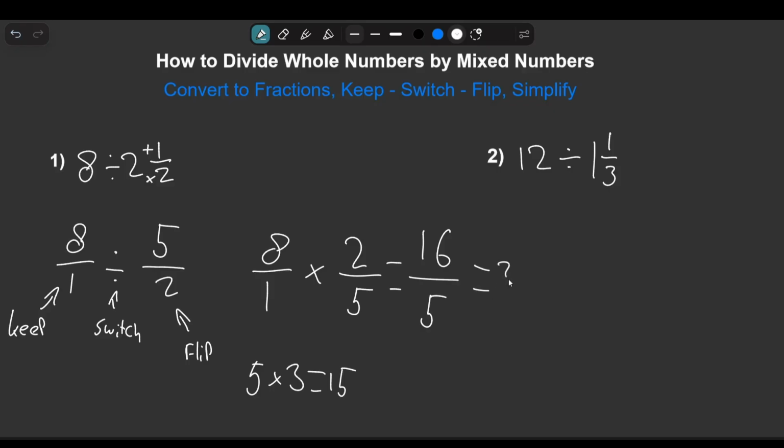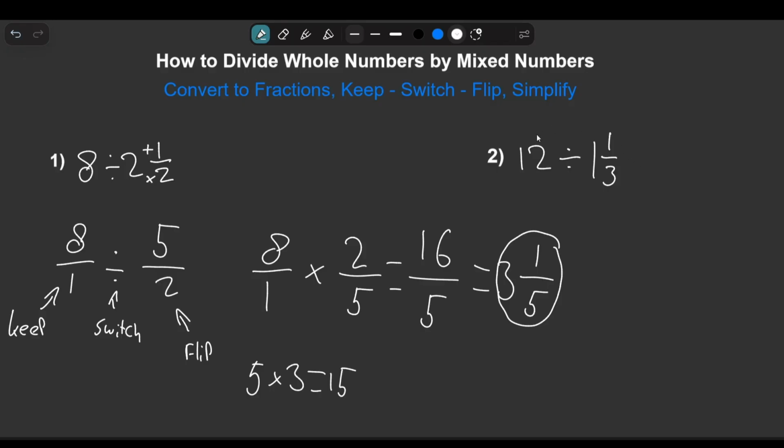So we get 3 whole numbers, and of course, we have 1 left over. Because we can't simplify this any further, this will be our final simplified answer of the first example.